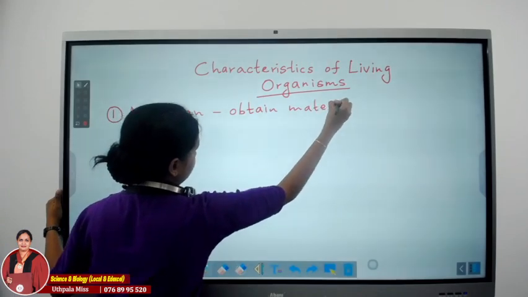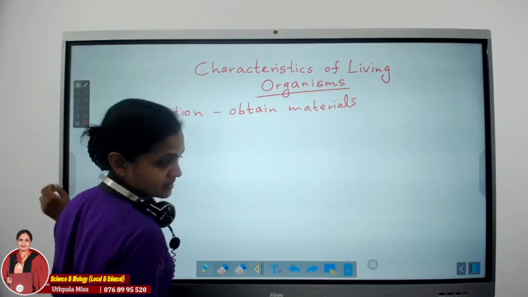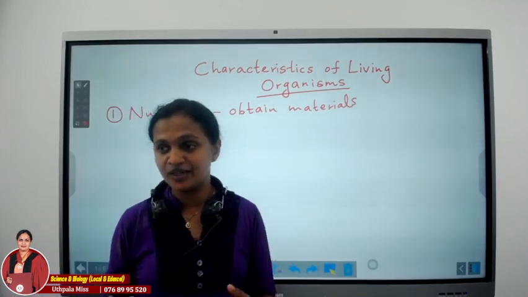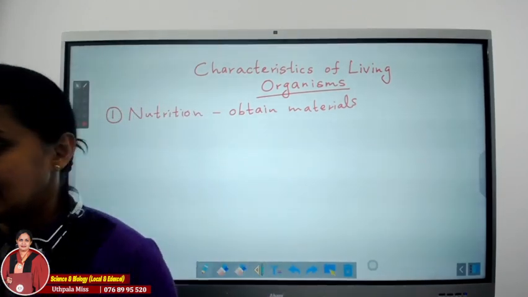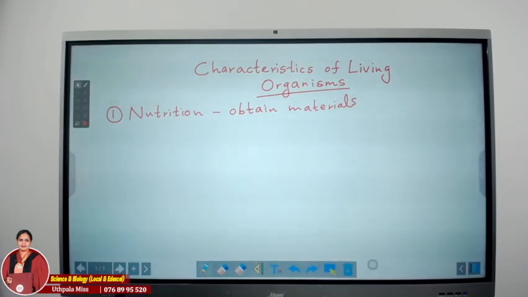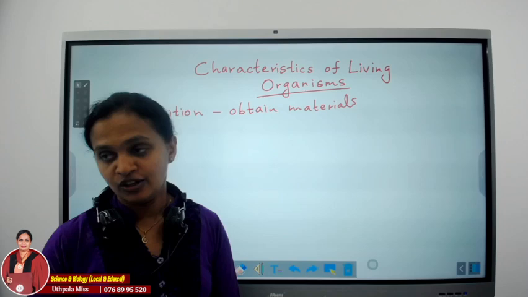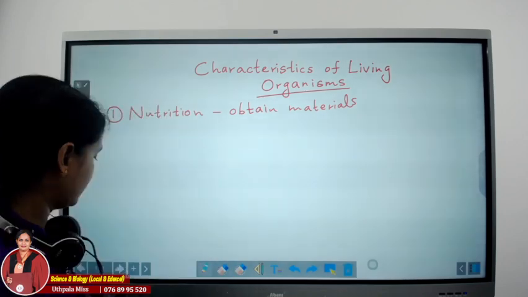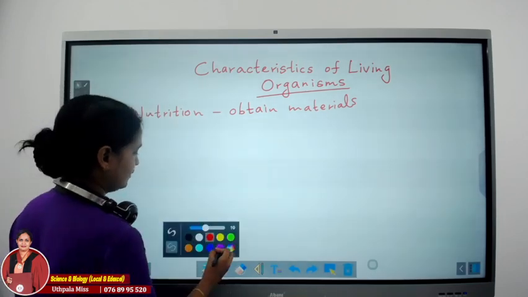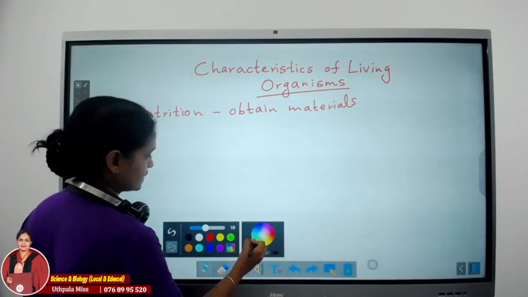These materials get digested and the digestive end products are absorbed into the bloodstream if we consider multicellular organisms like us. Even the unicellular organisms have different feeding mechanisms. Now in the case of plants, plants have the ability to photosynthesize, right?